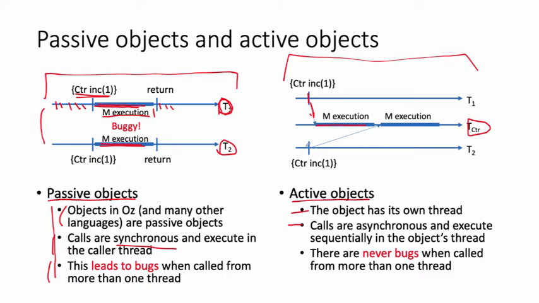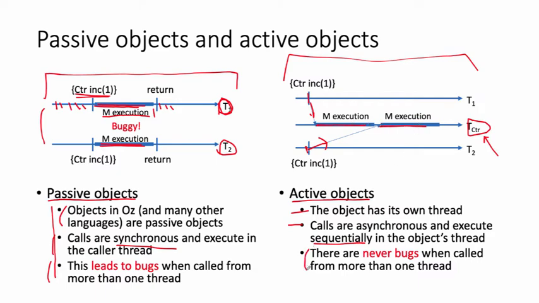If the other thread, T2, sends a message, the thread CTR will also execute it, because TCTR will execute the methods sequentially. There's only one thread that can touch the code of the object. That's TCTR. No one else. That means the two method executions will be done one after the other.